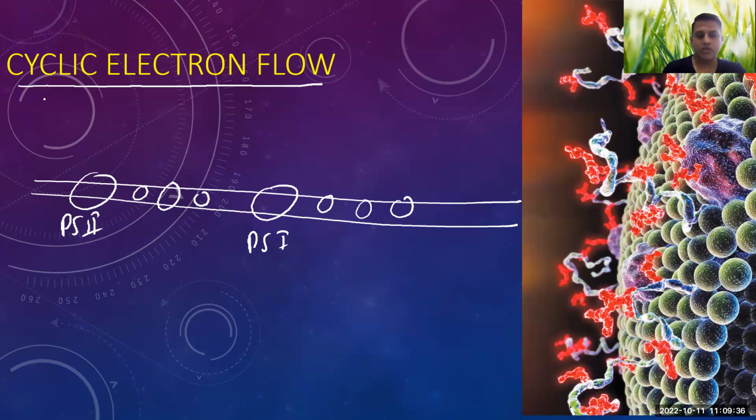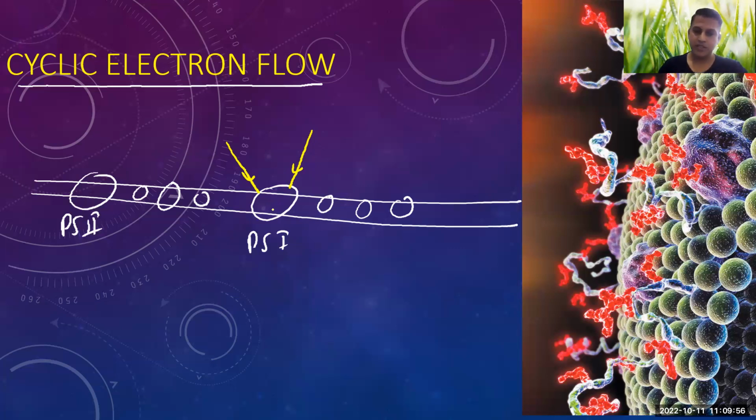But in cyclic electron flow, only PS1 is active. Light is absorbed by the photosystem. The chlorophyll excites its electrons.